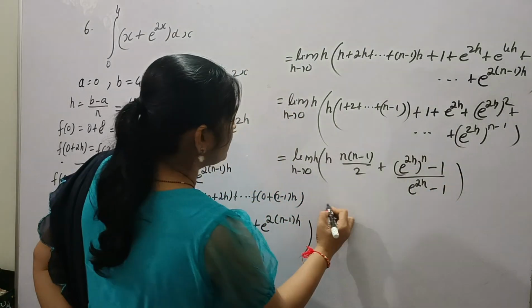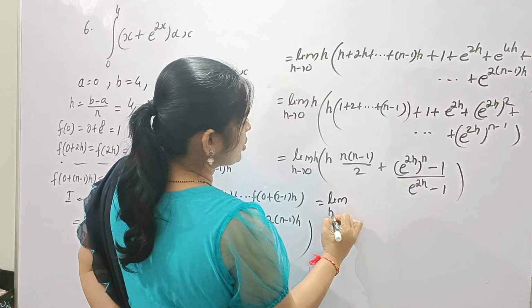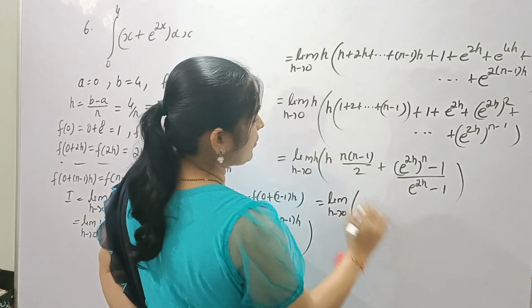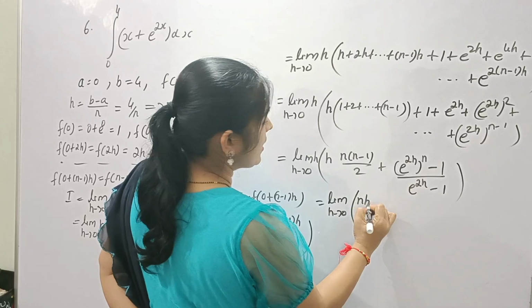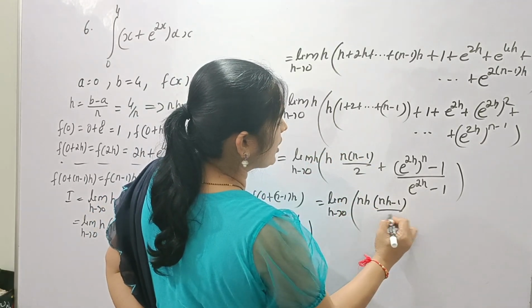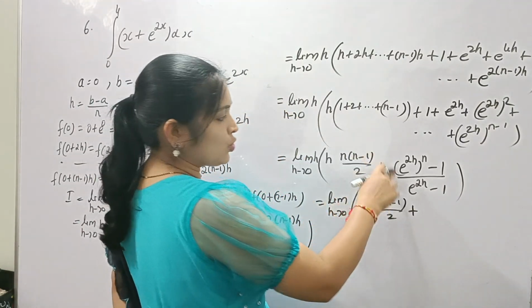Then that is equal to, limit h tends to 0, we will multiply these terms by h. So here we will write nh, and this h here, nh minus 1 divided by 2 plus, and we have to multiply this h here also.